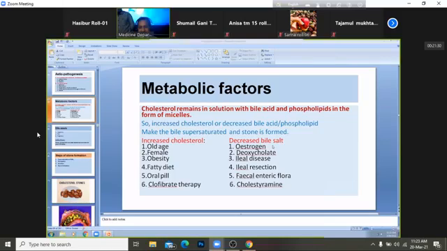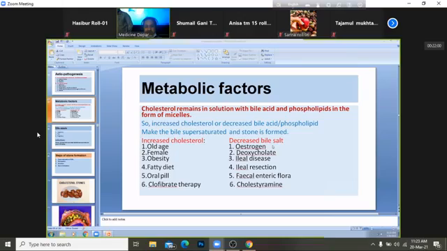Whenever this micelle is being formed, cholesterol incorporates at the central lipophilic part, and as a whole remains in this form of micelles. So cholesterol remains in solution in bile with the presence of bile acid and phospholipid.